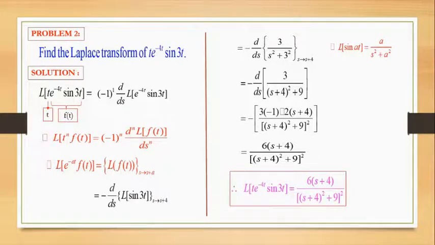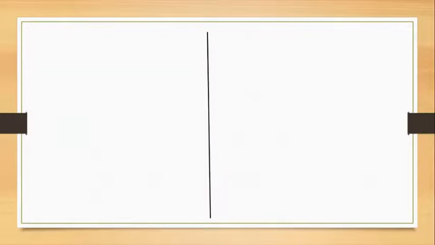Hence we get the solution for Laplace of t into e power minus 4t sin 3t to be equal to 6 into s plus 4 divided by s plus 4 the whole square plus 9 the whole square. Let us move into our last problem, that is Laplace of t square e power minus 3t sin 2t.